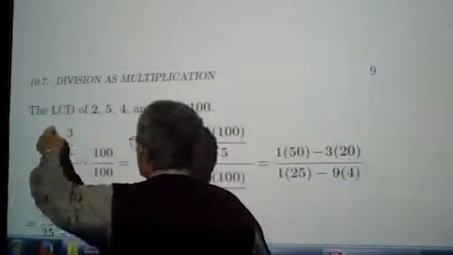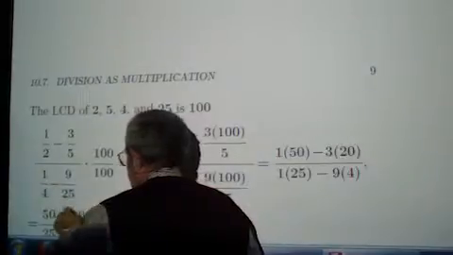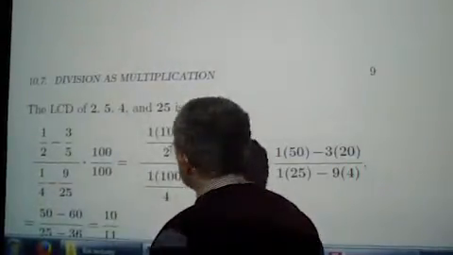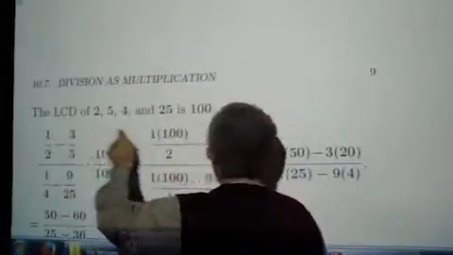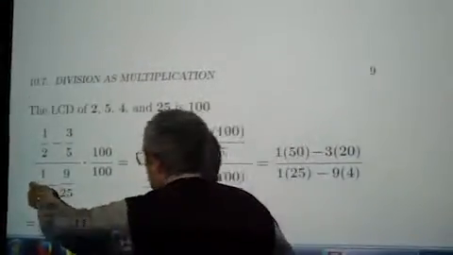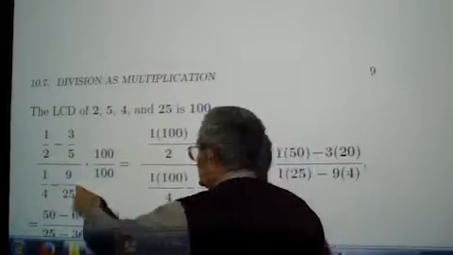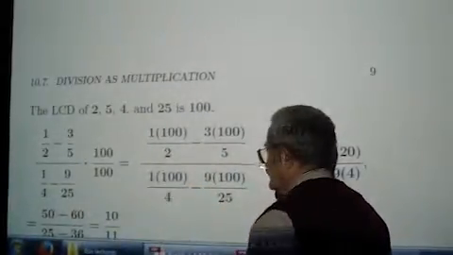I distribute the 100 in the numerator. I distribute the 100 in the denominator. That gives me 1 times 100 over 2, 3 times 100 over 5, 1 times 100 over 4, 9 times 100 over 25.